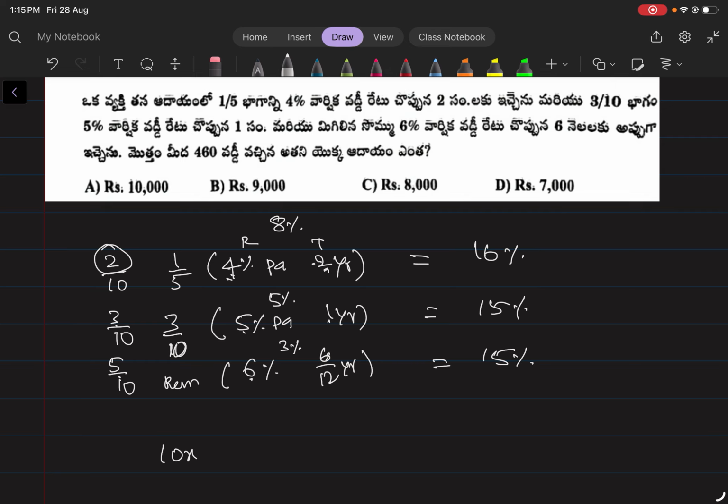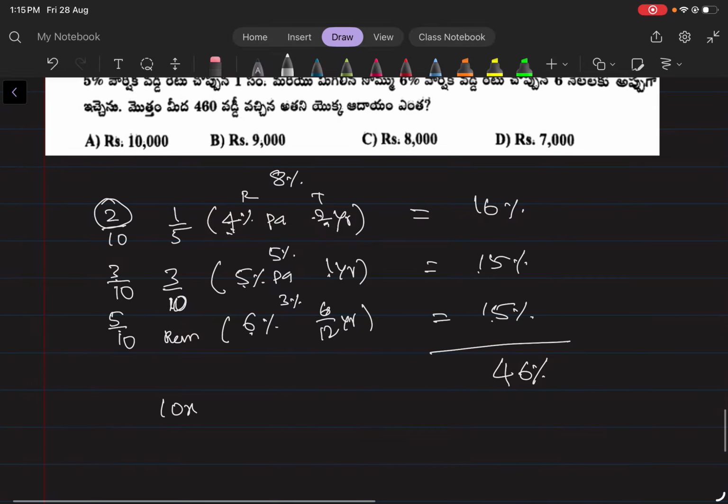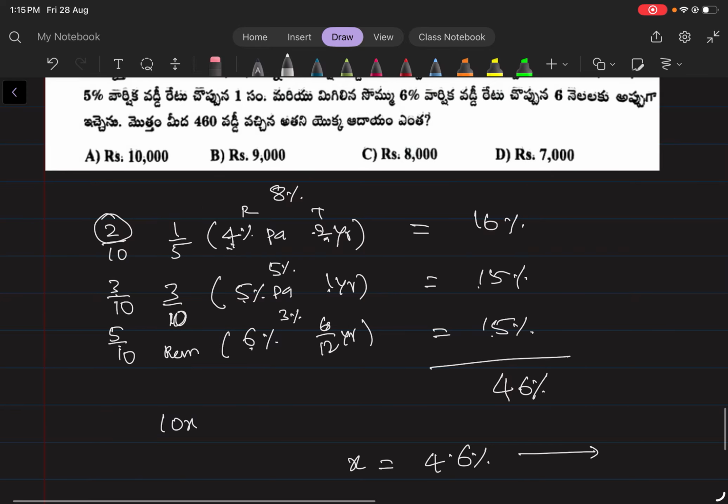So the total is 30, 30 plus 16, 46. 46% is the total. 10x is 46%, so x is simply 4.6%.